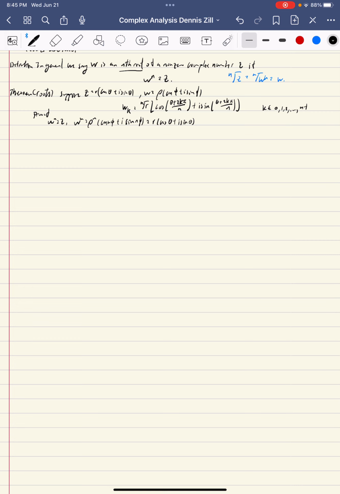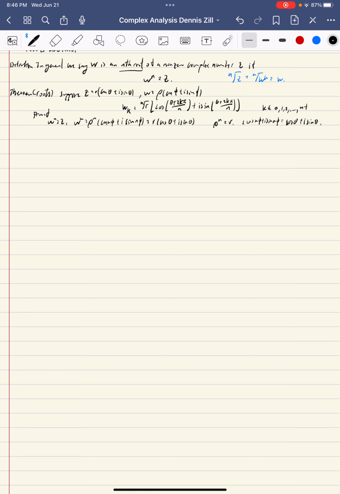And well, we may conclude that if we compare the two, you get rho to the n is equal to R, right? And cosine n phi plus i sine n phi is equal to cosine theta plus i sine theta, right?